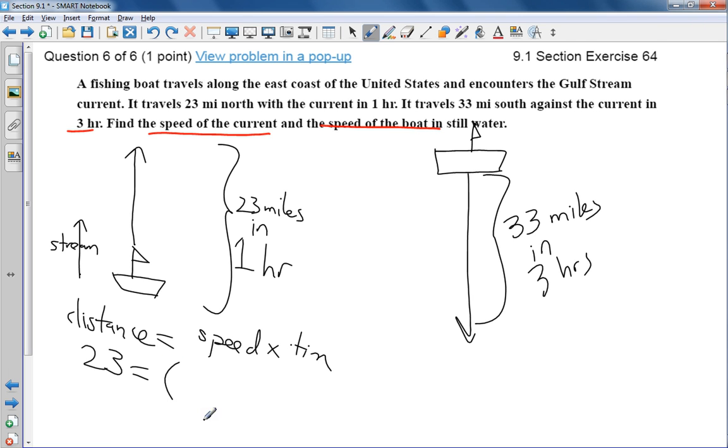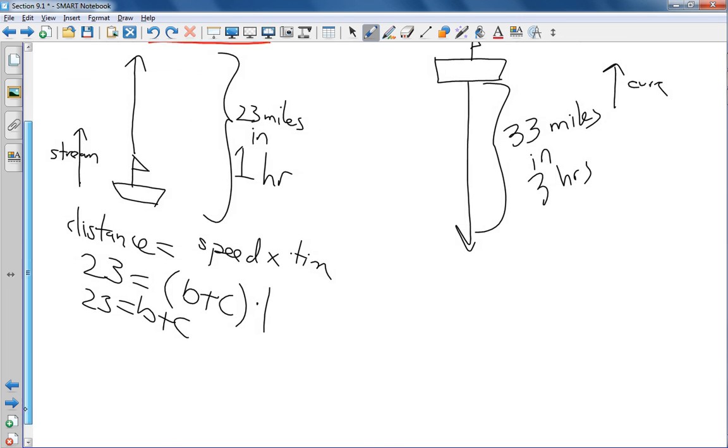It's the boat speed plus current. B stands for your boat speed, C stands for your current. They are in the same direction. Here, this is current, and your boat is opposite. So it's B plus C, and time. How long did you travel? It was 1 hour, right? Here is your first equation. What is 1 times B plus C? Just 1B plus C.